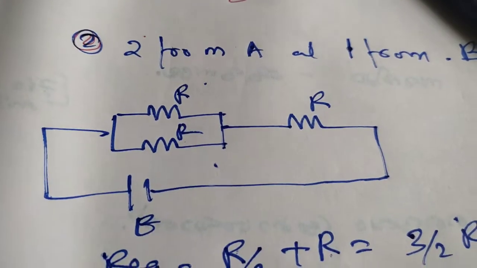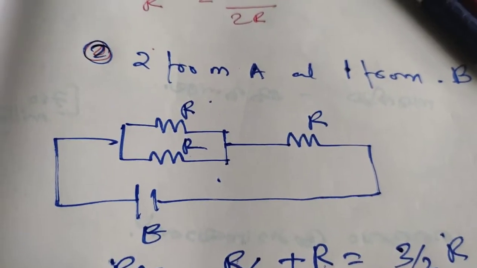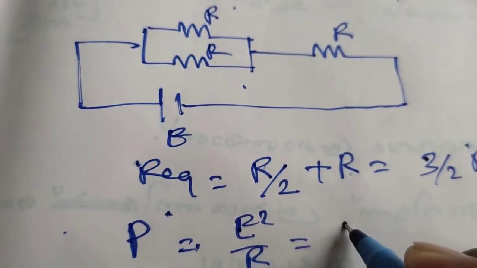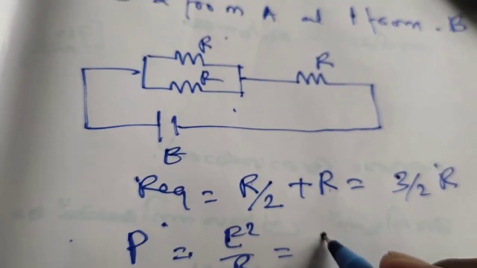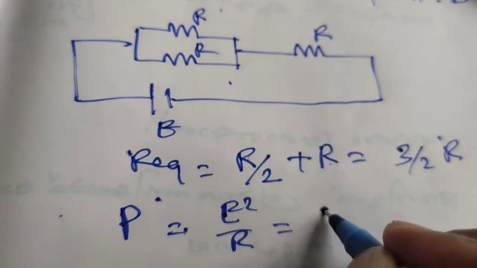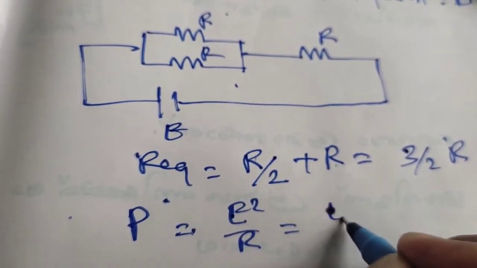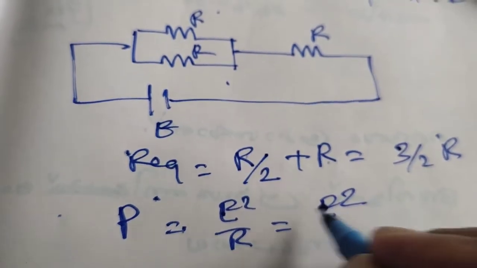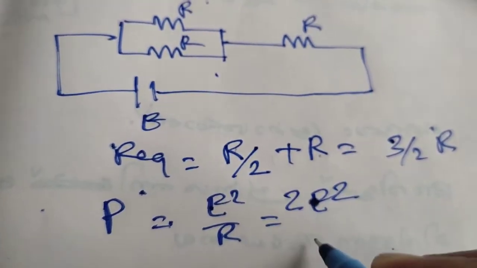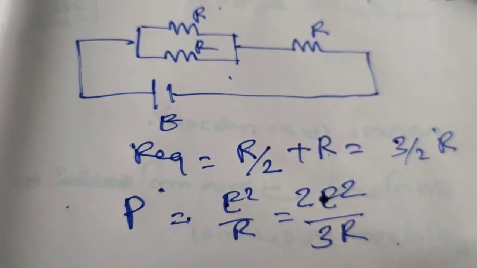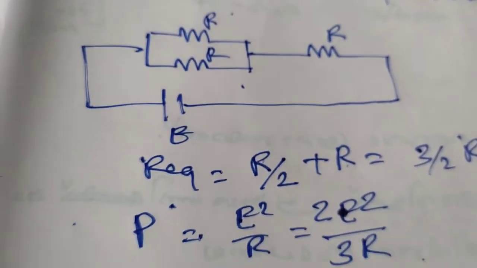So the power is E squared by R equivalent, which is E squared by 3R by 2, that is 2E squared by 3R.